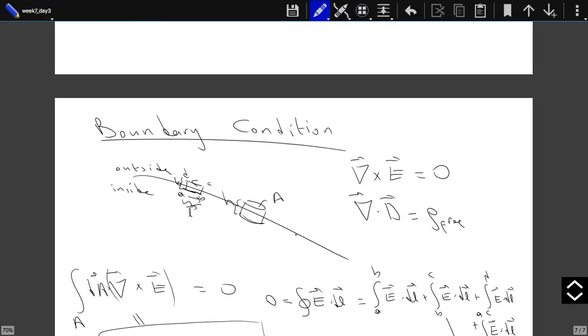Now let me define this vector n. I will need that. n is a unit vector perpendicular to the surface. So at every point you get a different n. And it is pointing from inside to outside.